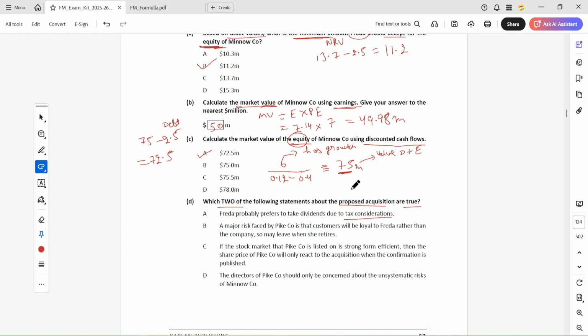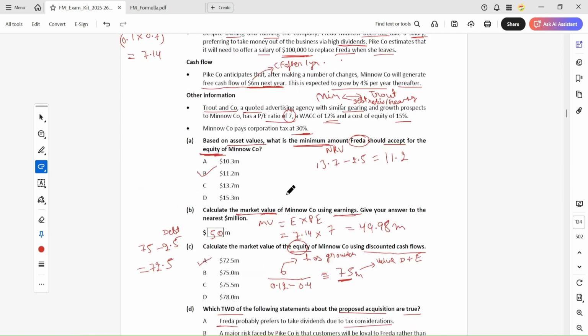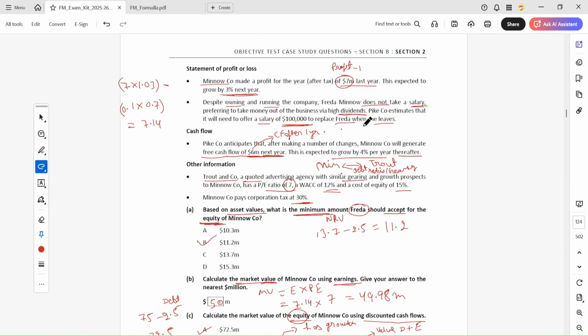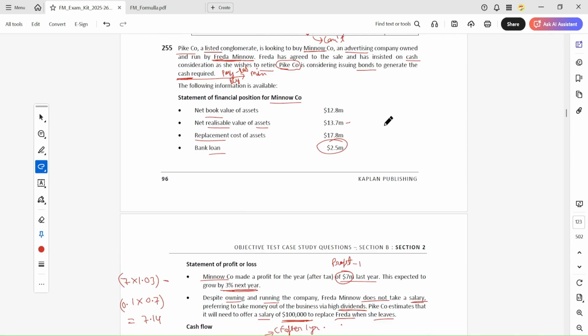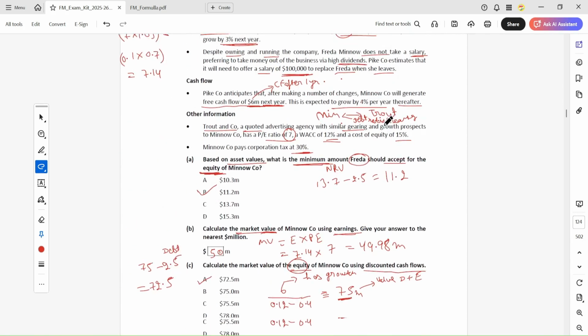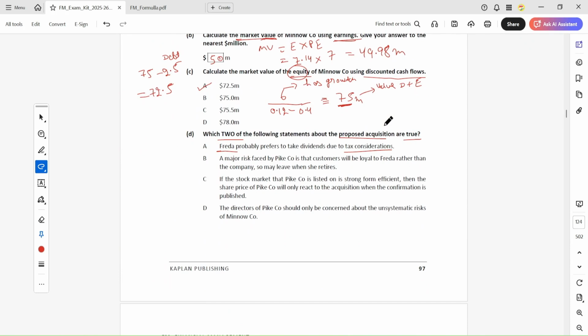Generally, the dividend taken by Freda, the owner who runs the company, is to save tax.